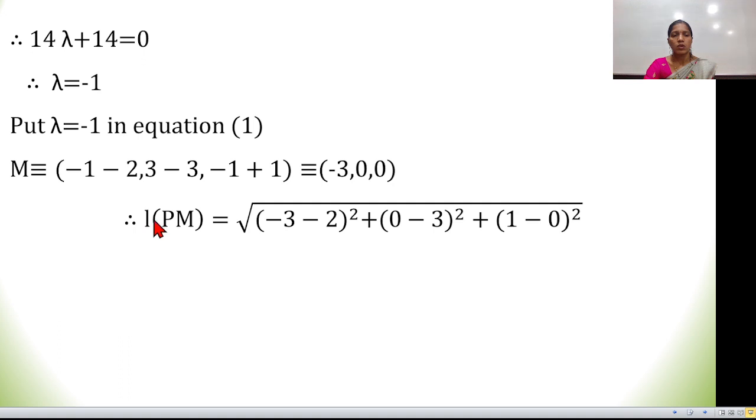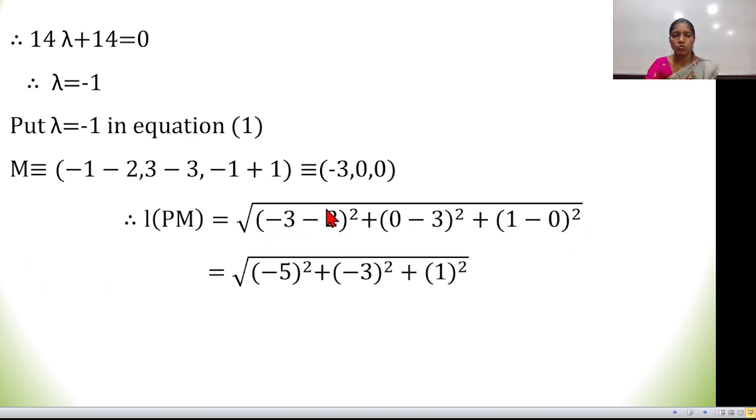So to find the length PM using the distance formula, we know that PM is equal to the root of x2 minus x1 whole square plus y2 minus y1 whole square plus z2 minus z1 whole square. So substitute the values of x1, y1, z1 and x2, y2, z2. Here we get minus 3 minus 2 whole square plus 0 minus 3 whole square plus 1 minus 0 whole square, which is minus 5 square plus minus 3 square plus 1 square.